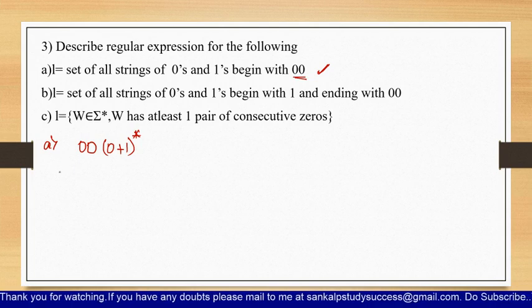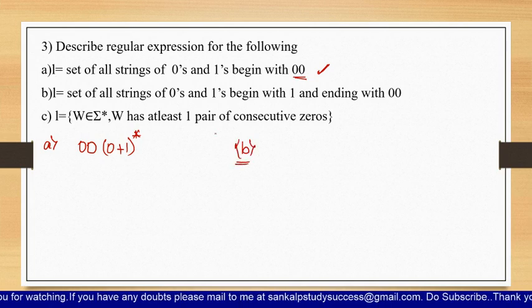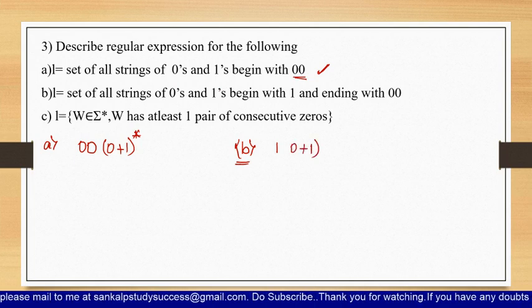Now coming to B, the set of all strings of zeros and ones that begin with 1 and end with 0 0. So it starts with 1, then you have any number of combinations of zeros and ones, which is (0 plus 1) whole asterisk, and it should end with 0 0.